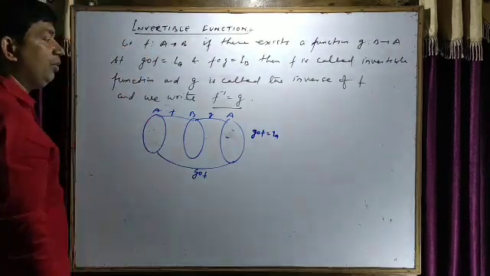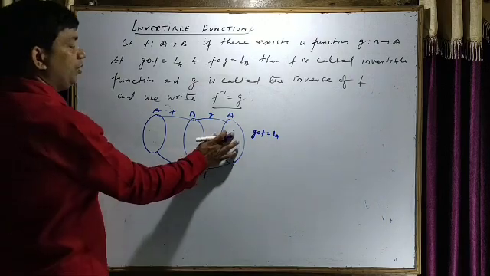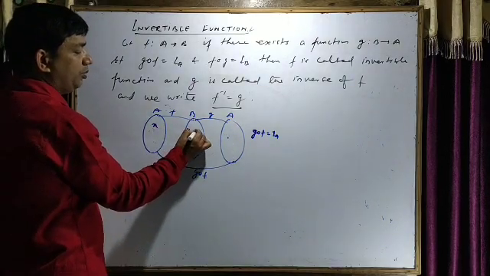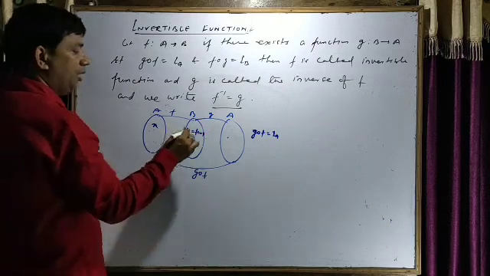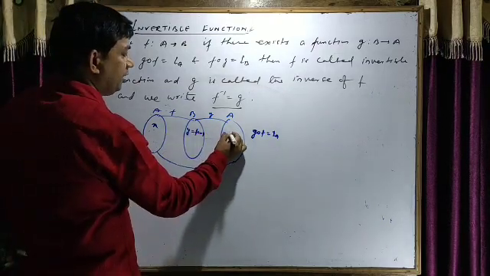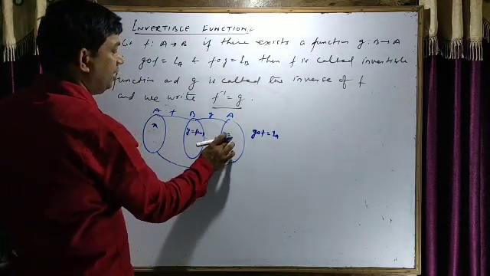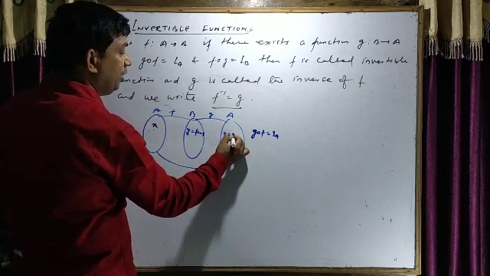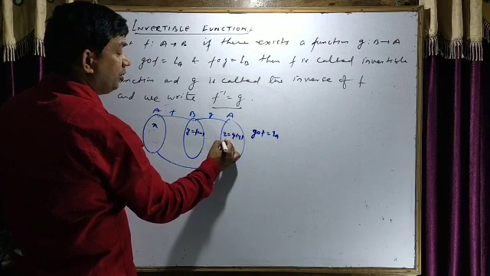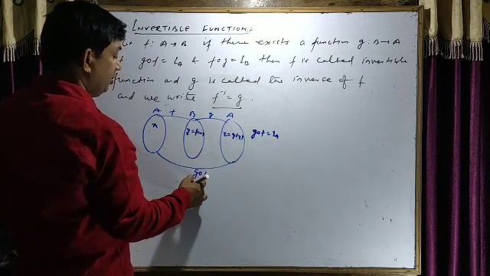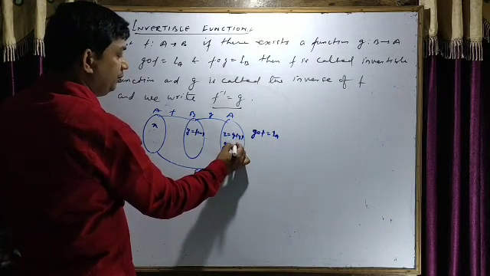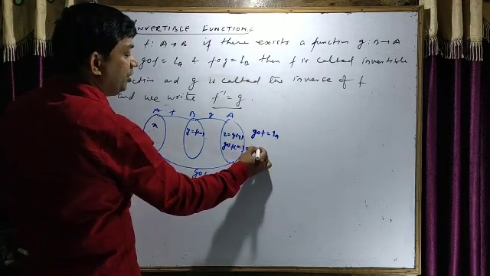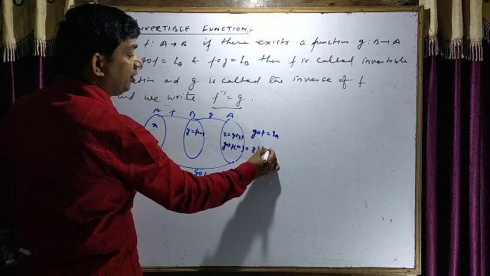So gof equal to IA means what? If I take x here, then y equal to f of x, and here if we take z, g of y, so z means gof of x, so gof of x means g f of x.